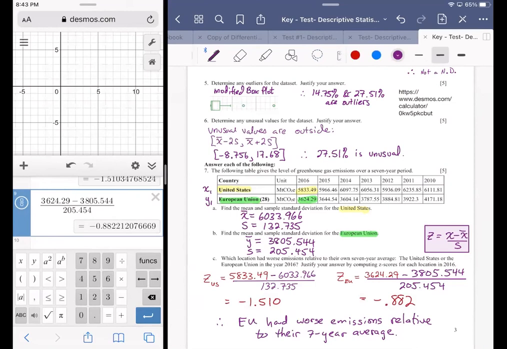Because if it's greenhouse gas emissions, we want that to be low. We don't want that to be a high number because we don't want to destroy the earth. So we're looking for the one that has a lower number to be better. So this is better because it's lower.